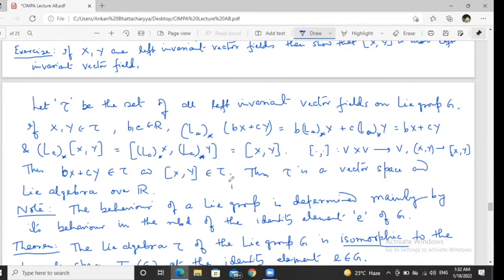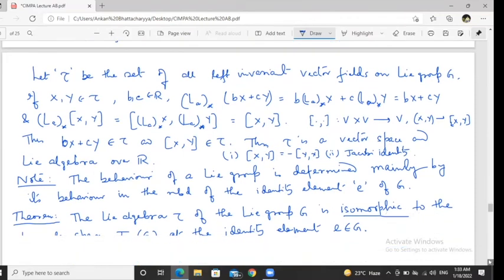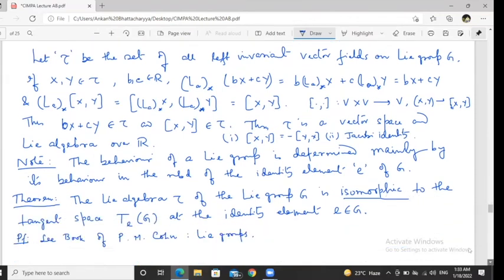The first condition is [X,Y] = -[Y,X], and the second is that it satisfies the Jacobi identity. These are the two conditions to satisfy for a Lie algebra.